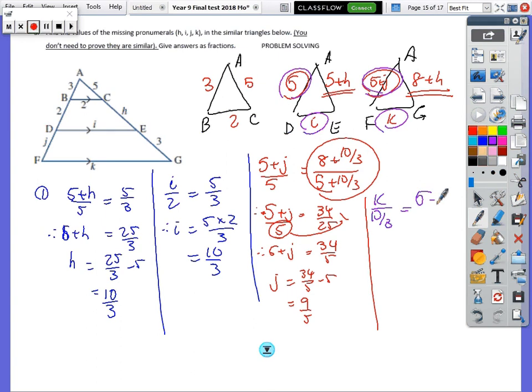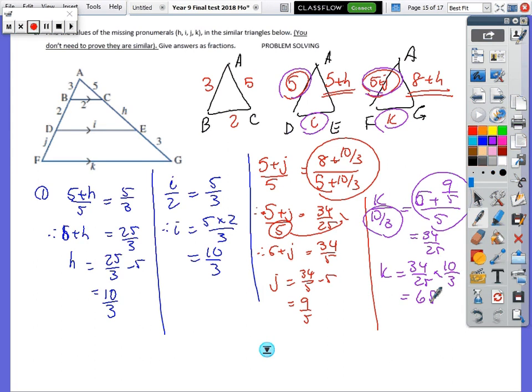So 5 plus J is 9/5 over 5. That number, that's a 5 there, is 34 on 25. So K equals 34 on 25 times 10/3, cross multiply, and that equals 68 over 15. Okay, so that was a hard question.